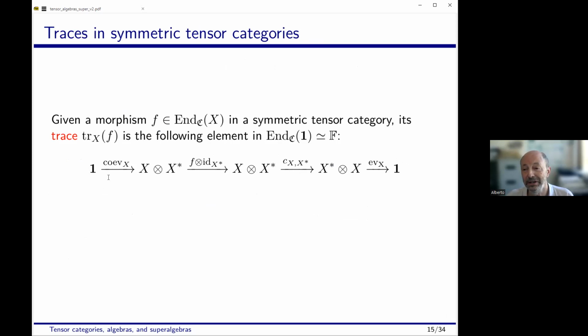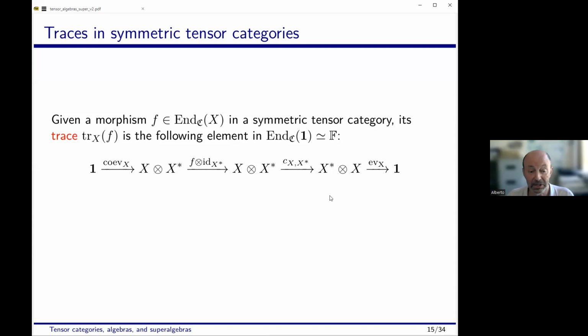First we consider the coevaluation, go to X tensor X star, then we apply the endomorphism F in the first slot. Then we take the braiding, and finally we evaluate. All in all, we get an endomorphism of the unit object. But the endomorphisms of the unit object are just the scalar multiples of the identity morphism. So this is essentially a scalar.